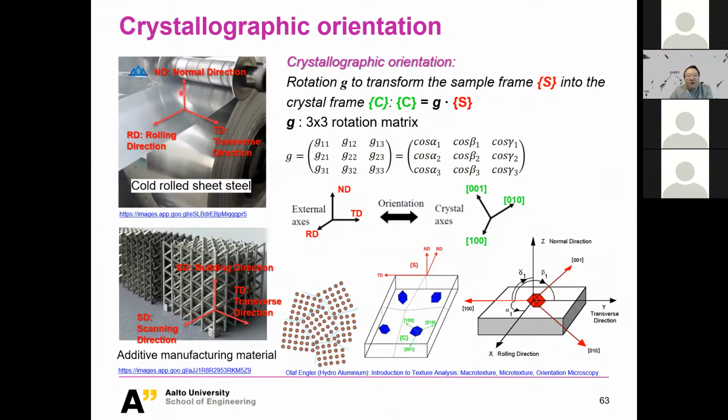We give our sample coordinate via rolling direction, transverse direction, and normal direction. If you're speaking about 3D printed materials, this is a little bit different. But the crystallographic orientation basically tells you how we correlate these two coordinate systems together. And this is one concept for the polycrystal.